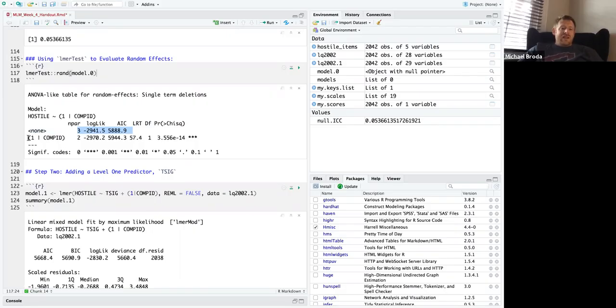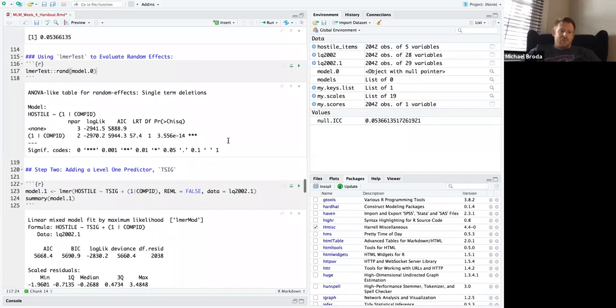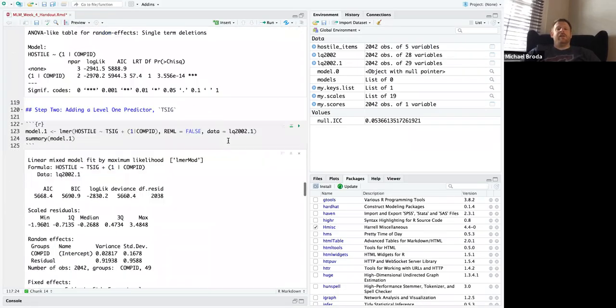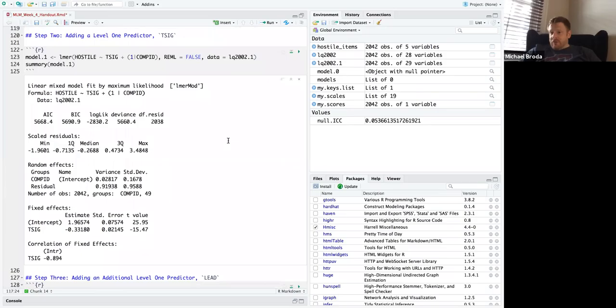And if we do single term deletions, if we delete that random intercept, the AIC goes up by quite a bit, by 57 points, which is not what we want. 57 points with 1 degree of freedom gives us a very, very, very small p-value. So this p-value shows you that it's important that we have included the random intercept in our model. Okay, that should hopefully be reasonably familiar.